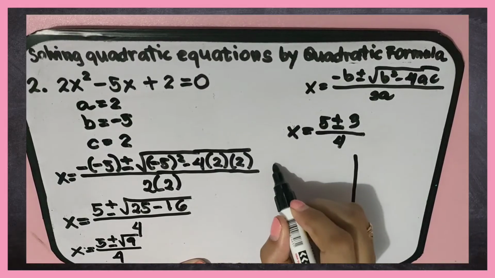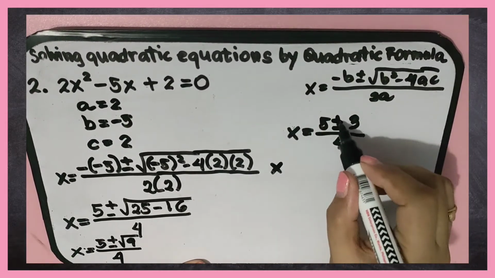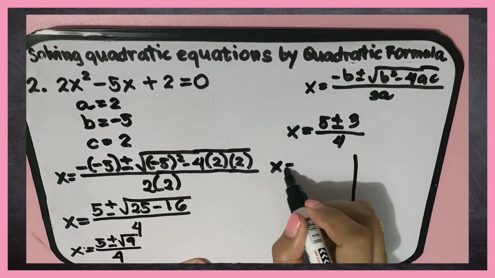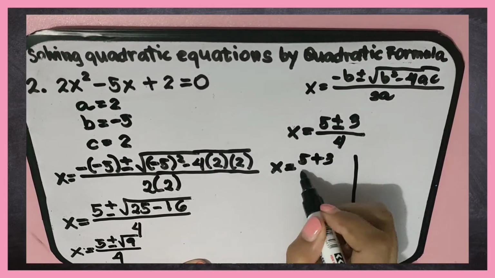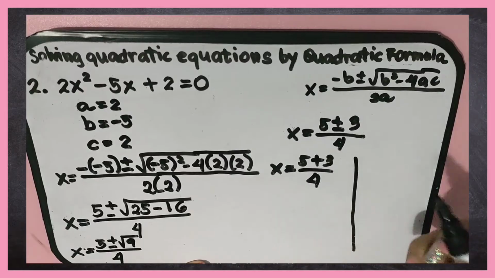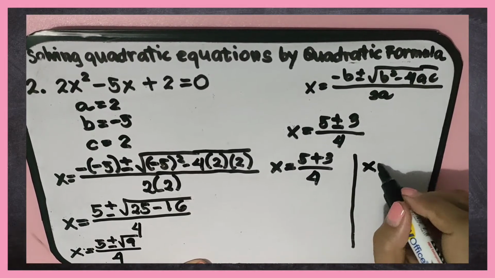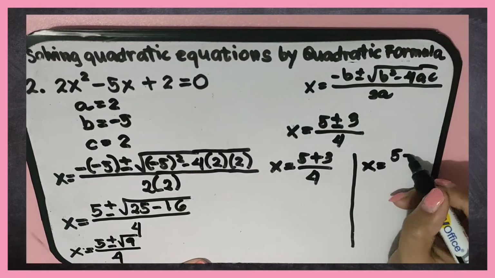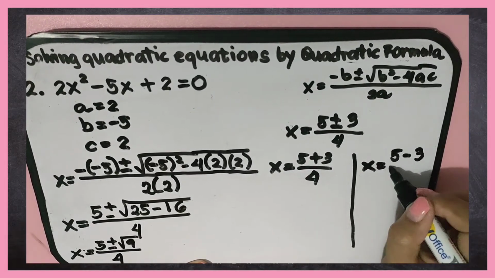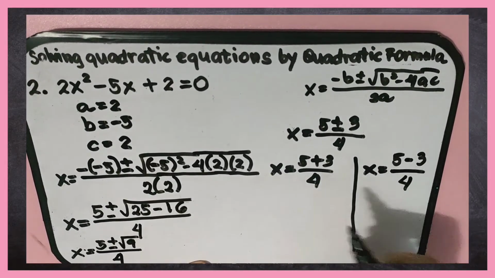So, for the first one, yung positive sign natin. So, 5 plus 3 over 4. And then, yung pangalawa, x equals 5, yung nasa ilalim naman, which is the negative, 3 over 4.